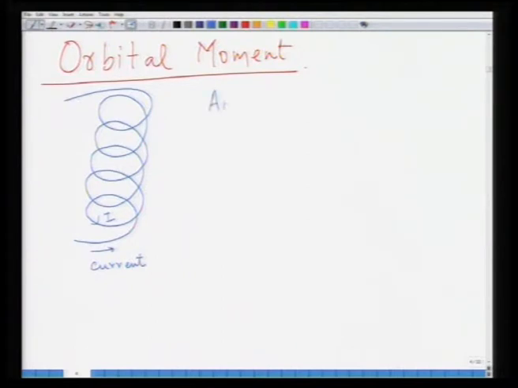According to Ampere's law, when a current I flows through a coil or a loop of wire, it gives rise to a magnetic field.